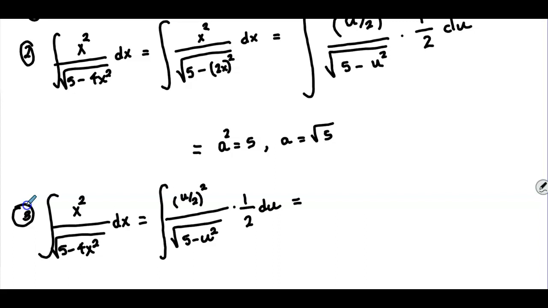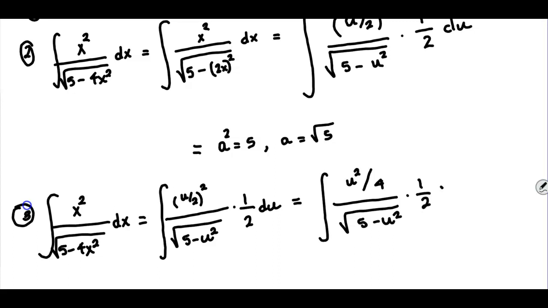So if we simplify, in our numerator we end up having u squared over 4, divided by the square root of 5 minus u squared, times 1/2 du.